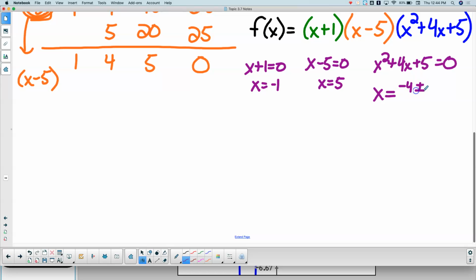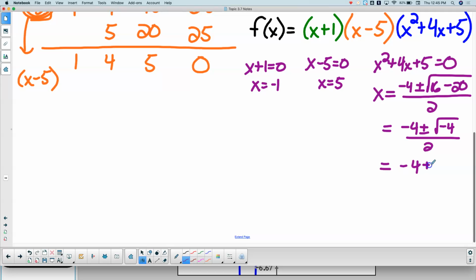Negative 4 plus minus the square root of 16 minus 20 all over 2. That's negative 4 plus minus the square root of negative 4 all over 2. Negative 4 plus minus 2i over 2. I mean, tap the brakes. Negative 2 plus minus i.